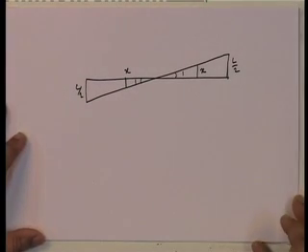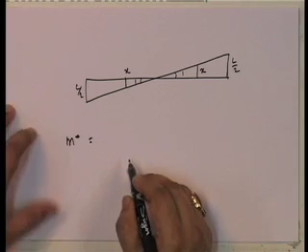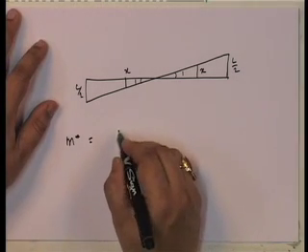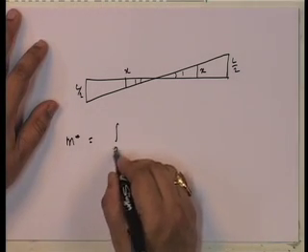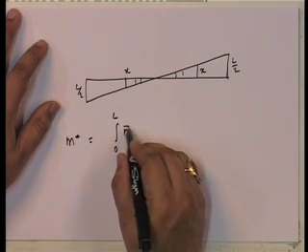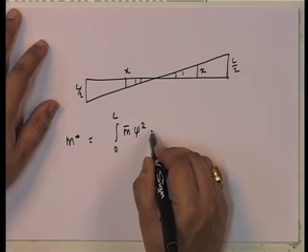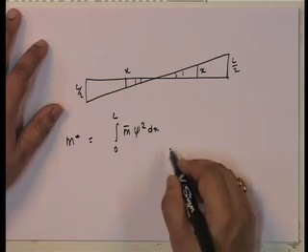So, if we look at m star, it says the integral from 0 to L of m bar xi squared dx.